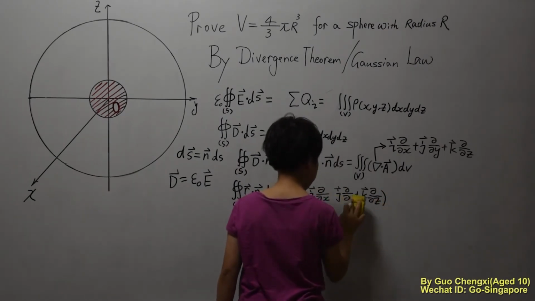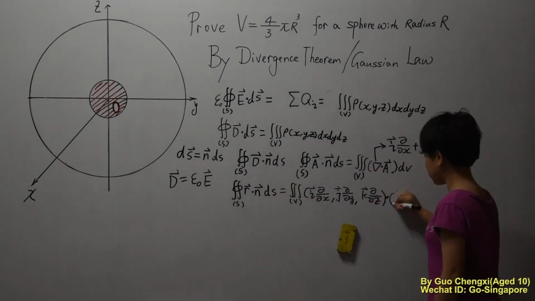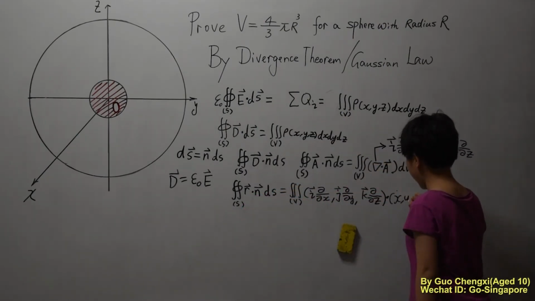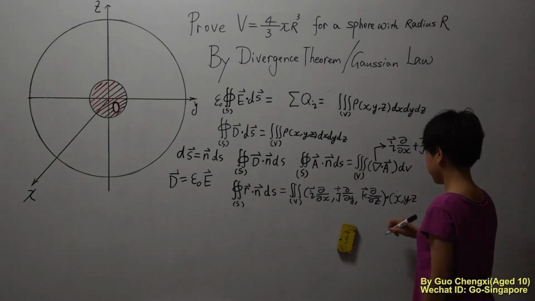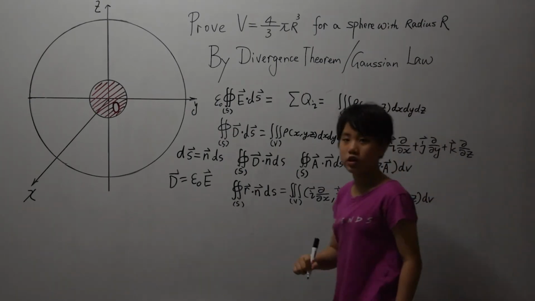Oh, whoops, here it's not plus, here it's just a dot, x, y, z, then dv.